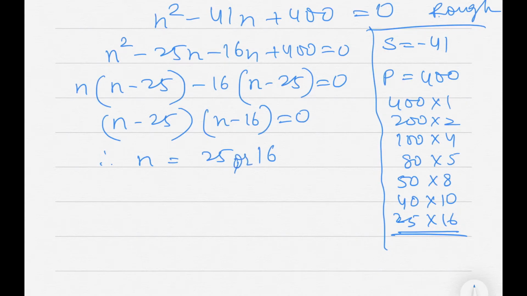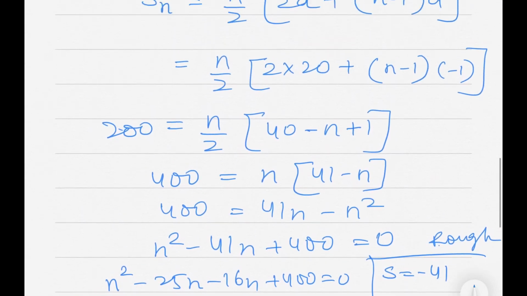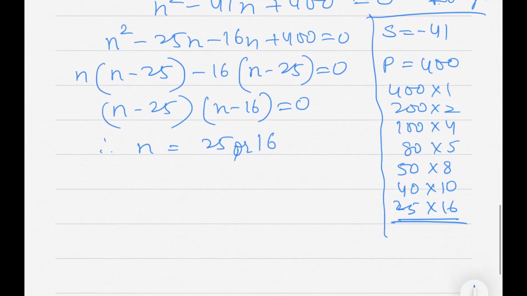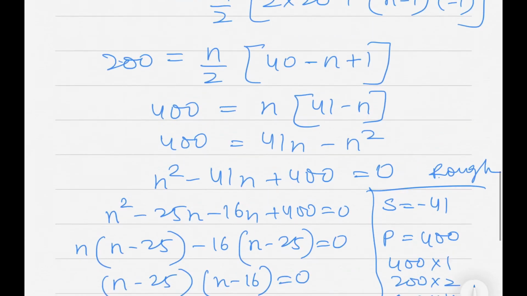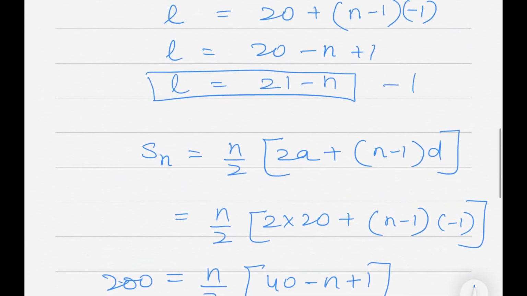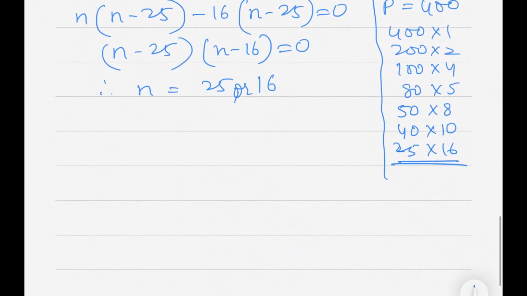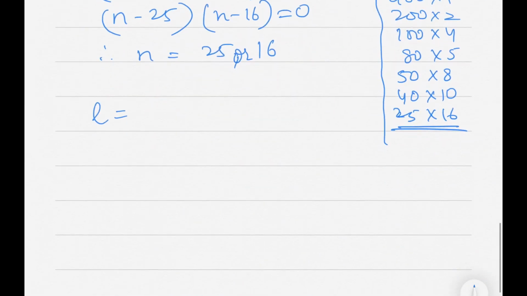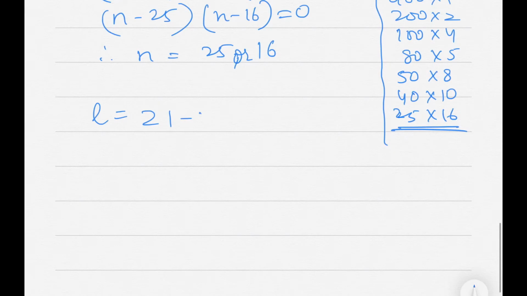Now I have to substitute. Let me substitute in my L, since both can be the values. L is equal to 21 minus n, which I can name as equation 1.